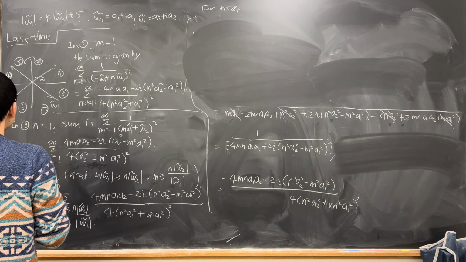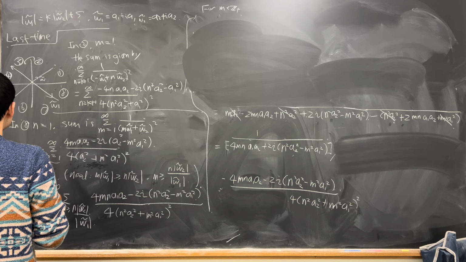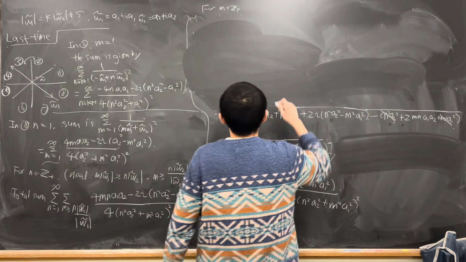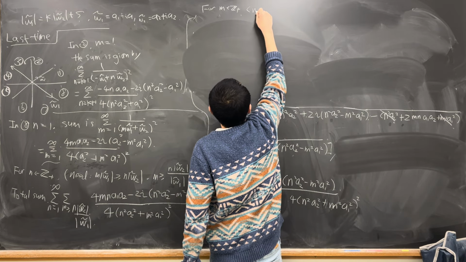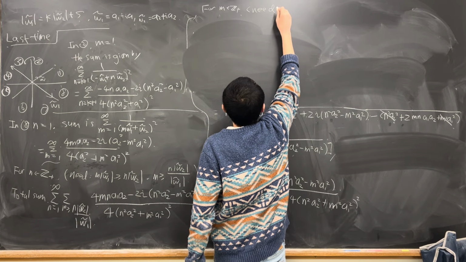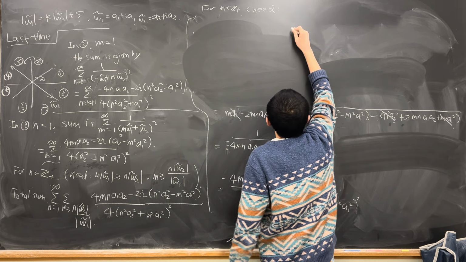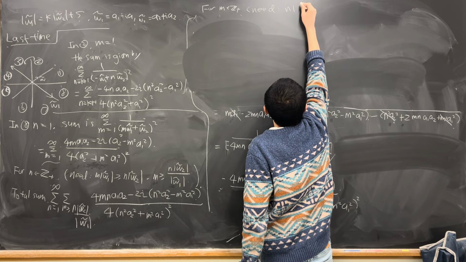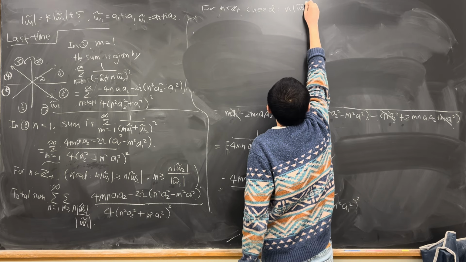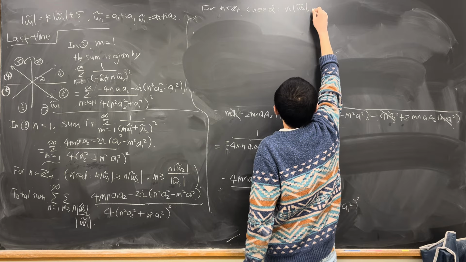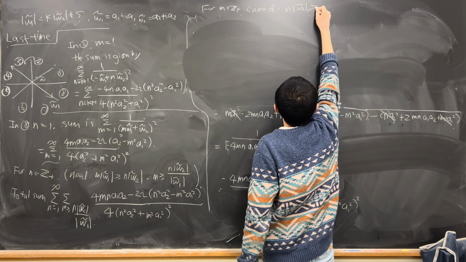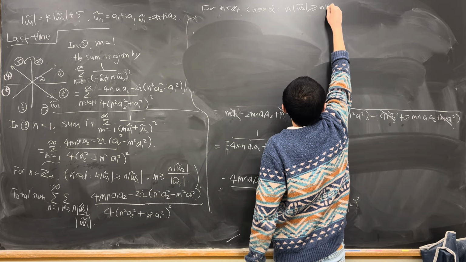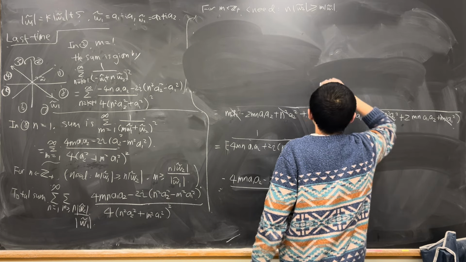So I want this n to be, what I need is that this n times the modulus of omega 2 must be bigger than or equal to this m times the modulus of omega 1. Okay.